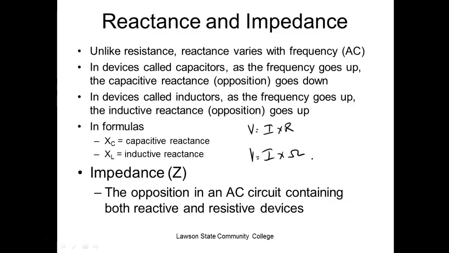So opposition in a circuit is ohms, period, whether it's reactive opposition or resistive opposition. So you can take all your Ohm's law formulas and instead of putting R, put ohms. And now they would be true.